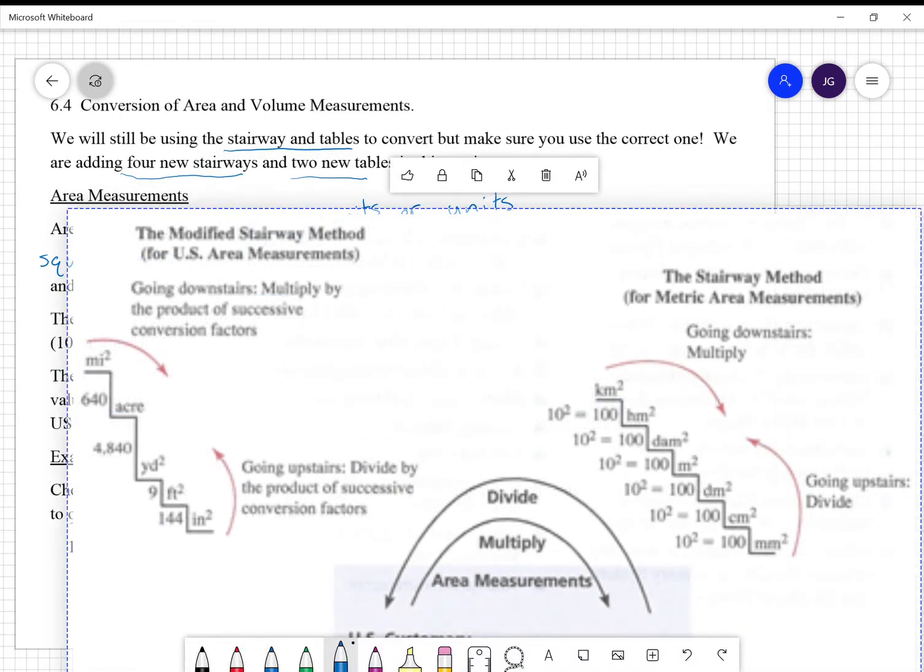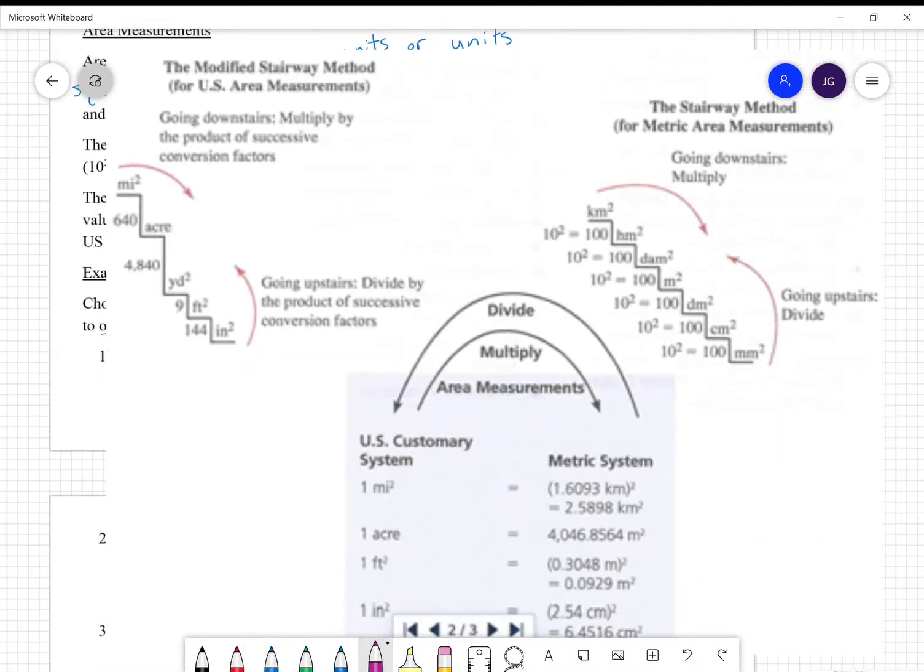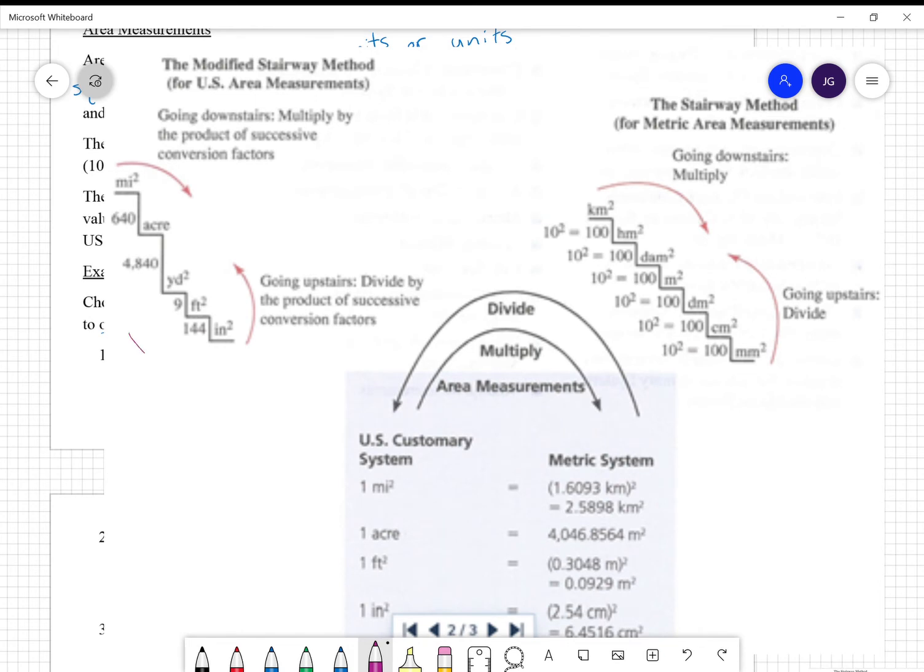Square miles and square feet are both on this stairway. Square miles is here, and I want to go to square feet, which is there. So I am going down the stairs, 1, 2, 3. So I'm going to multiply by 640, 4,840, and 9.